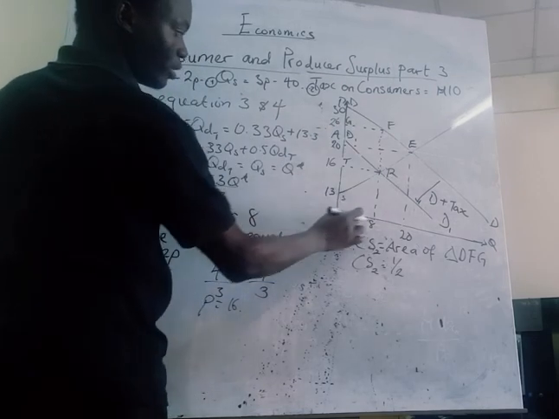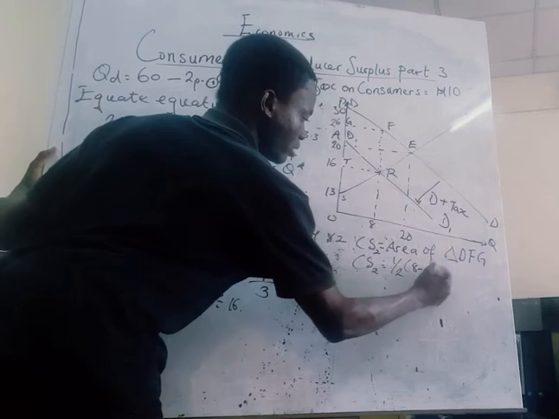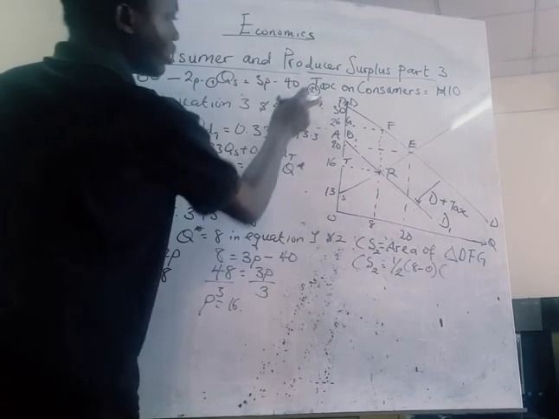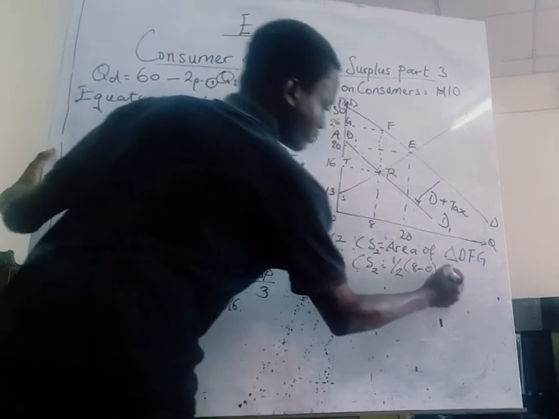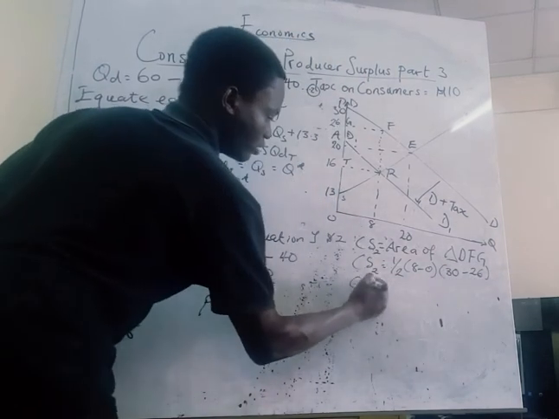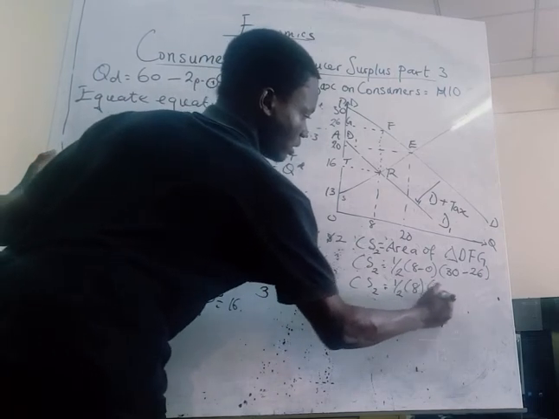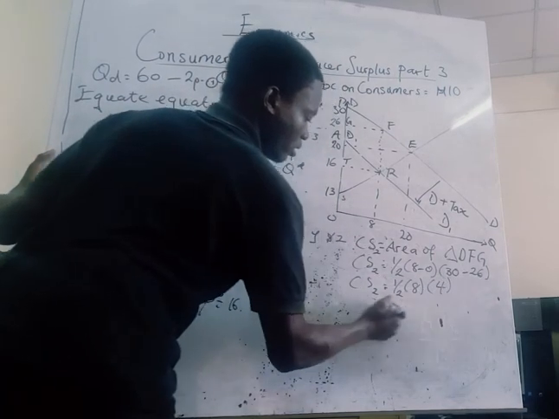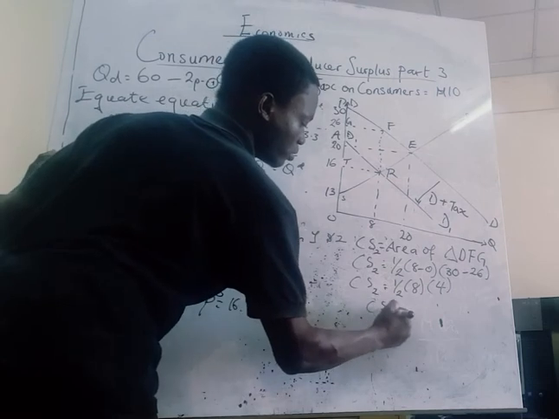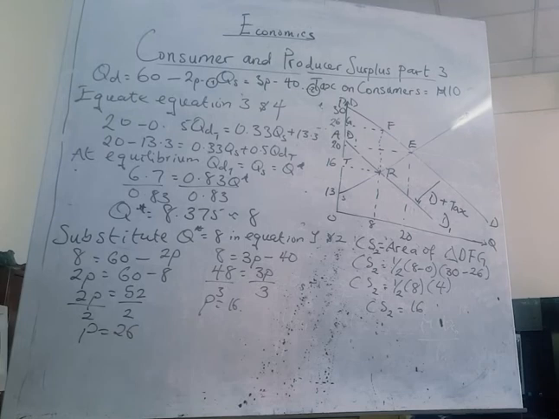When we trace it down, we have 0 and 8, which is 8 minus 0. Then into brackets, what is the height? 30 minus 26. So CS2 equals half into bracket 8, then 4. So CS2 equals 16. So our new consumer surplus is 16.